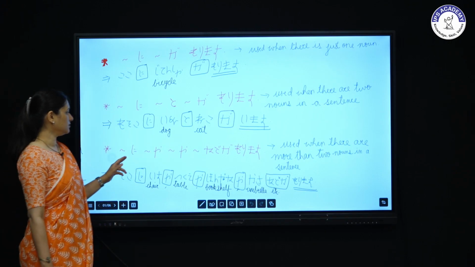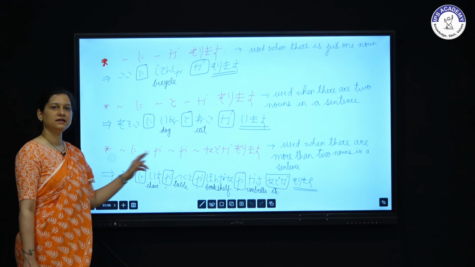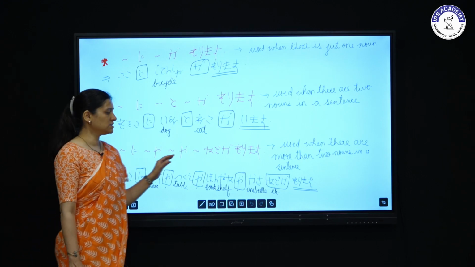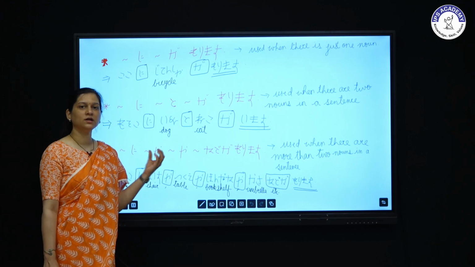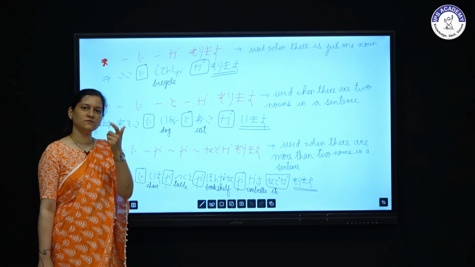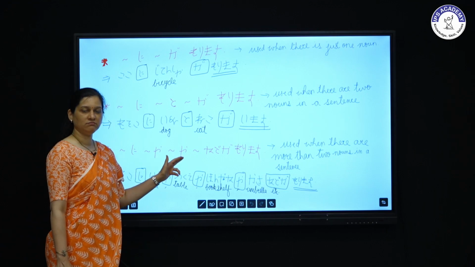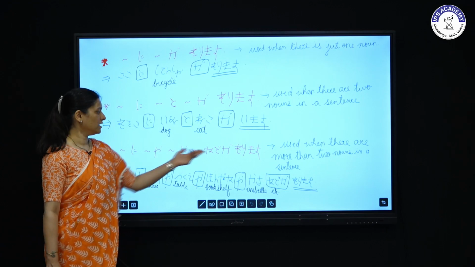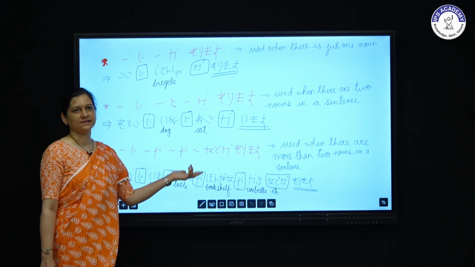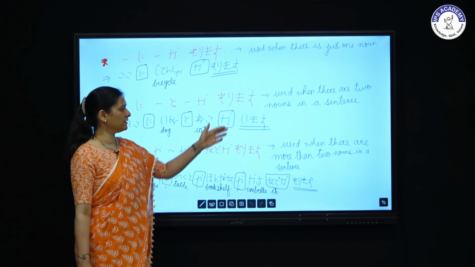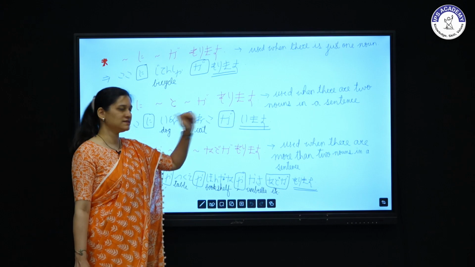Okay. Then the third sentence pattern is ni ya nado ga arimasu. This pattern is used whenever we are including more than 2 nouns or objects in a sentence. Ya is used like a separator, like a comma. Nado ga means etc. If we are including living things in a sentence, we use imasu at the end.